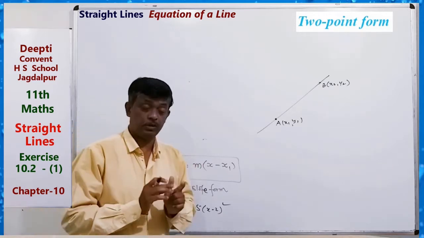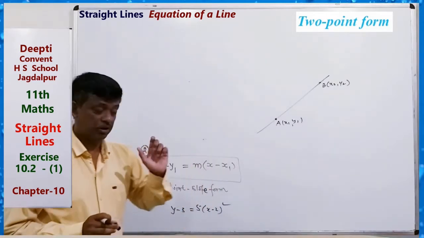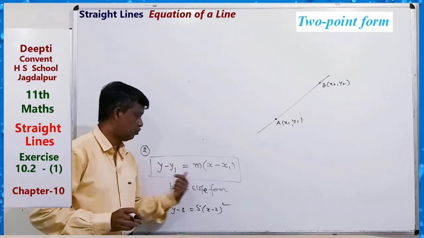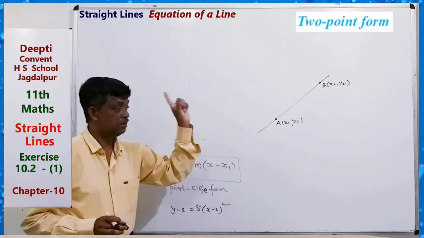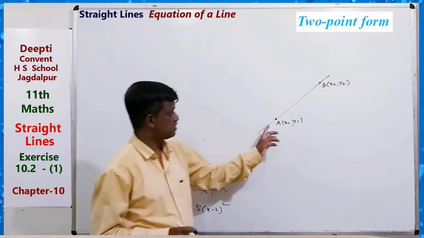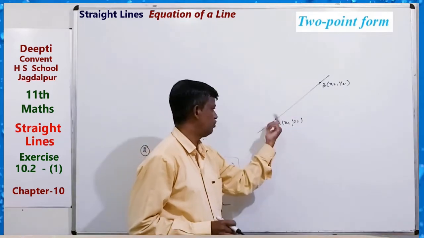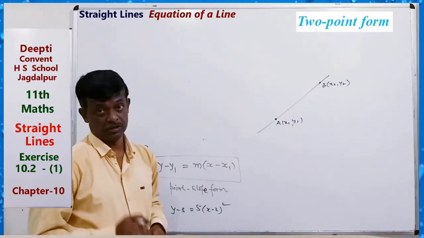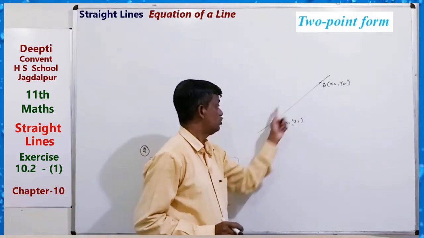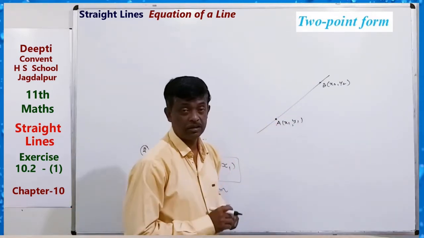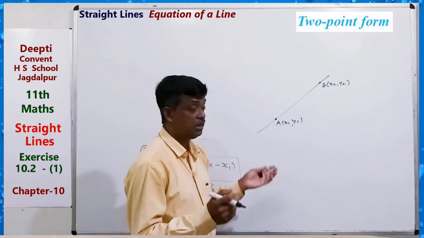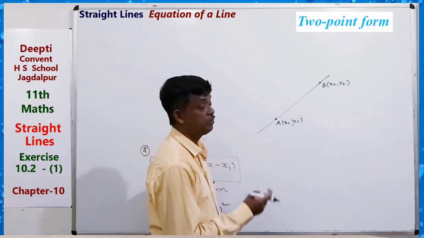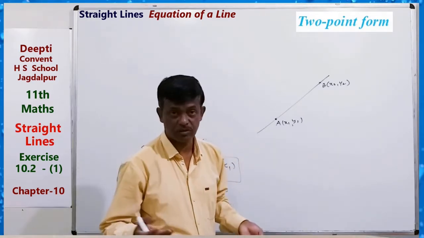For writing the equation of a line, we require the slope and a point through which the line passes. So here the line passes through both points, so we have the point (x1, y1). Now the slope is required. We know that the slope of a line passing through 2 points is given by y2 minus y1 by x2 minus x1.